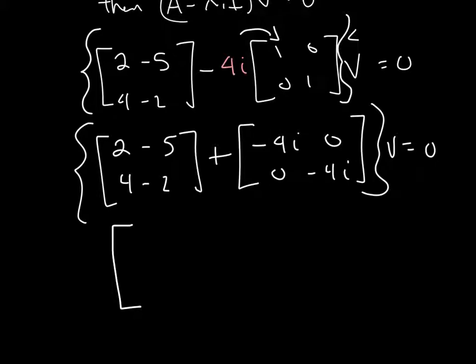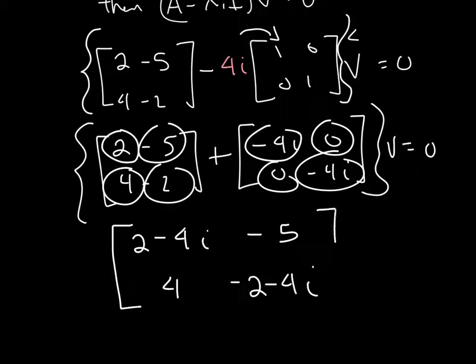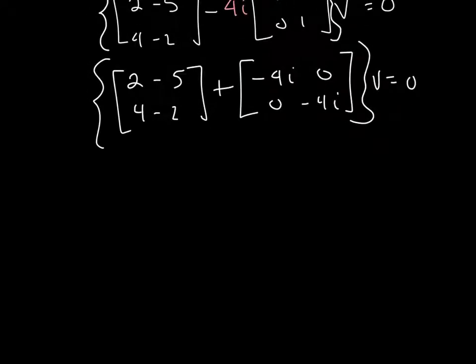So I have 2 minus 4i, negative 5, and 4 plus 0 is 4, negative 2 minus 4i. So there is my 2 by 2 matrix with complex entries times our vector v. Hopefully it's making sense so far.